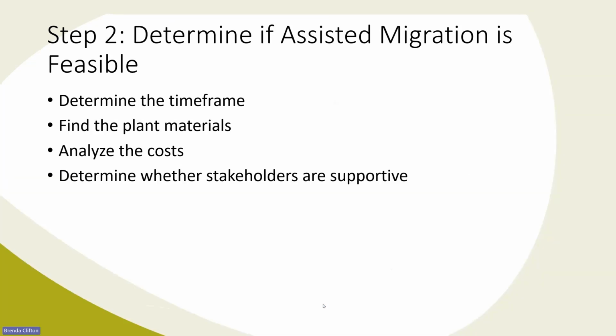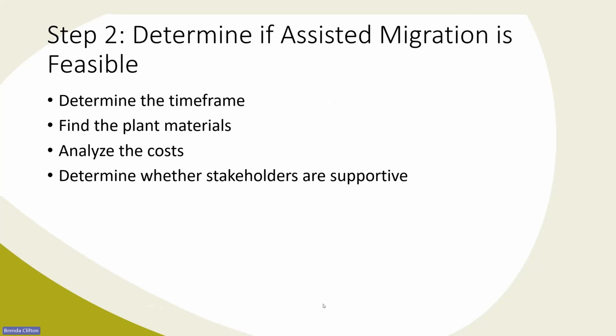Step 2 is determine if assisted migration is even feasible. Look at the time frame you have for your project or your funding. Figure out how you're going to source the plant materials. If you're going to bring up seed from your source, you're going to need extra time to do a contracted grow.